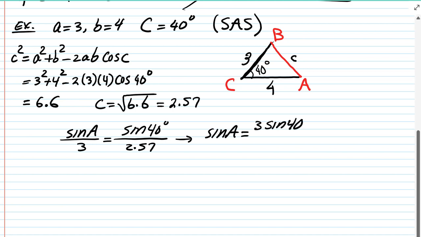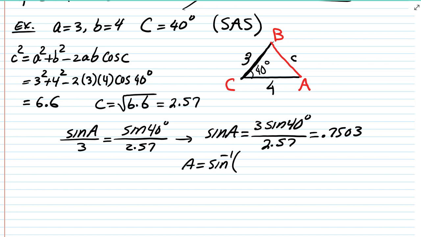That's 3 sine 40 divided by 2.57. And this turns out to be 0.7503. And then A is simply the arc sine of that number, 0.7503. And that gave me a measure of the angle as 48.6 degrees. And that's the measure of angle A.